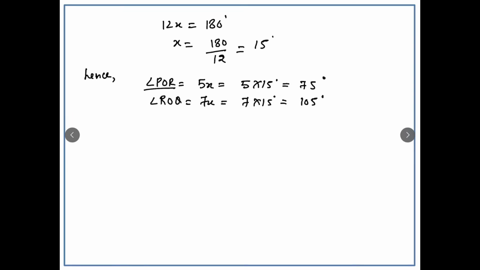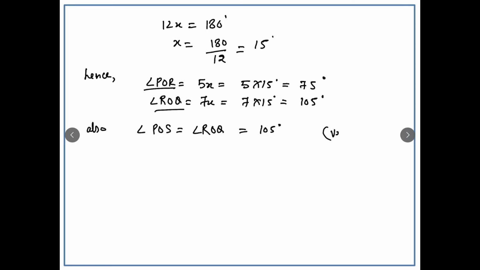Okay, so we got the measure of these two angles. Now we have the vertically opposite angles. We know that vertically opposite angles are equal, so we can write also angle POS will be equal to angle ROQ, which is 105 degrees.